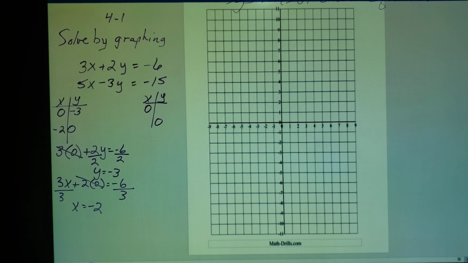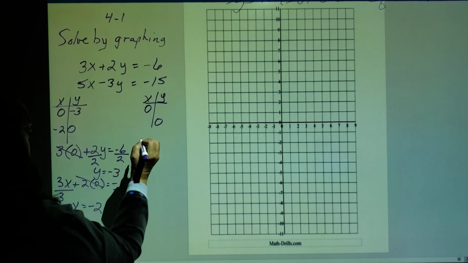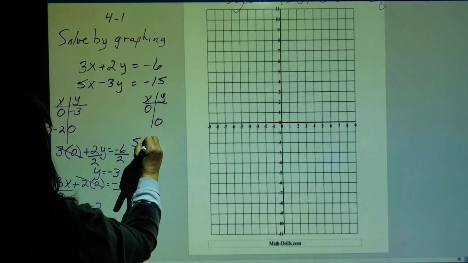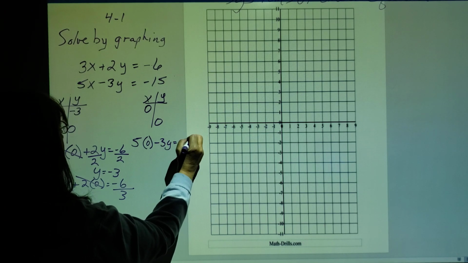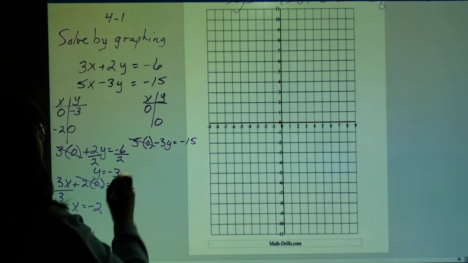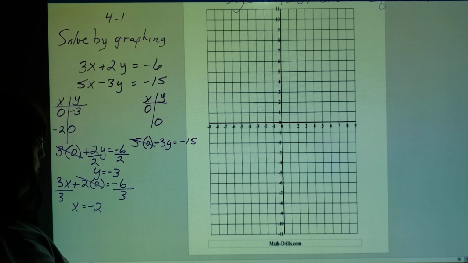All right, next, let's go ahead and figure out the next equation. I have 5x minus 3y equals -15. We're going to substitute a 0 for x, so we have 5 times 0 minus 3y equals -15. The 5 times 0 goes away.